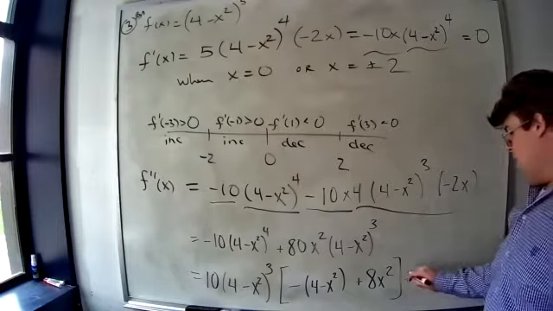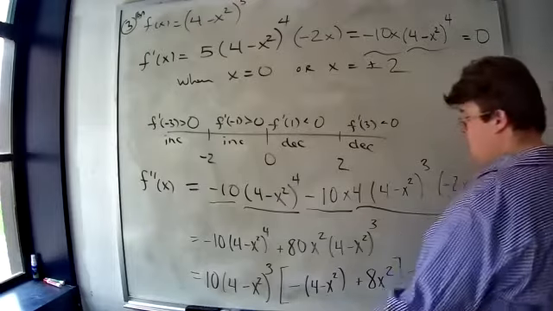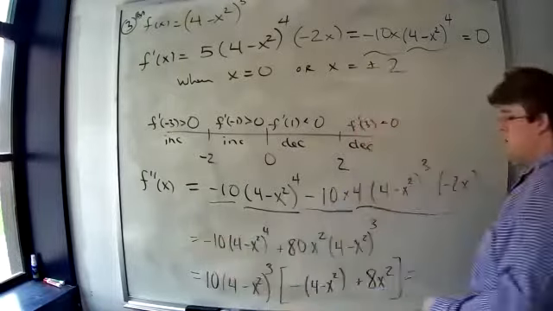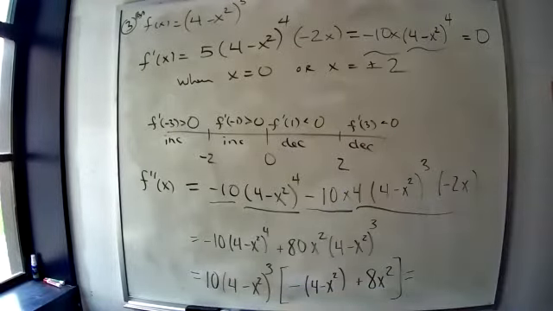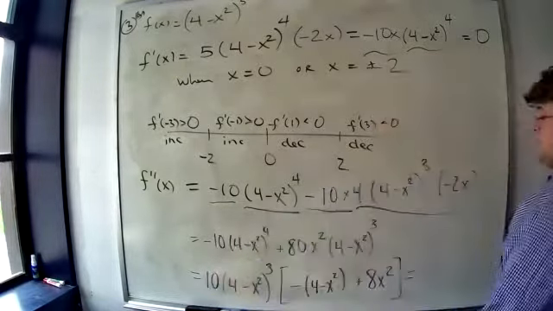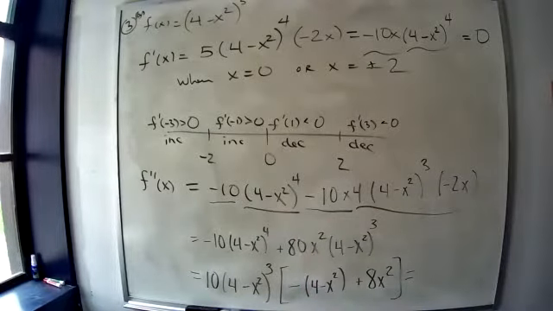Any questions about that factoring here? So they have a 10 in common, and they have 3 4 minus x squareds in common. Peel them off this, you have a negative and another 4 minus x squared. Peel them off this, you have an 8 and an x squared.